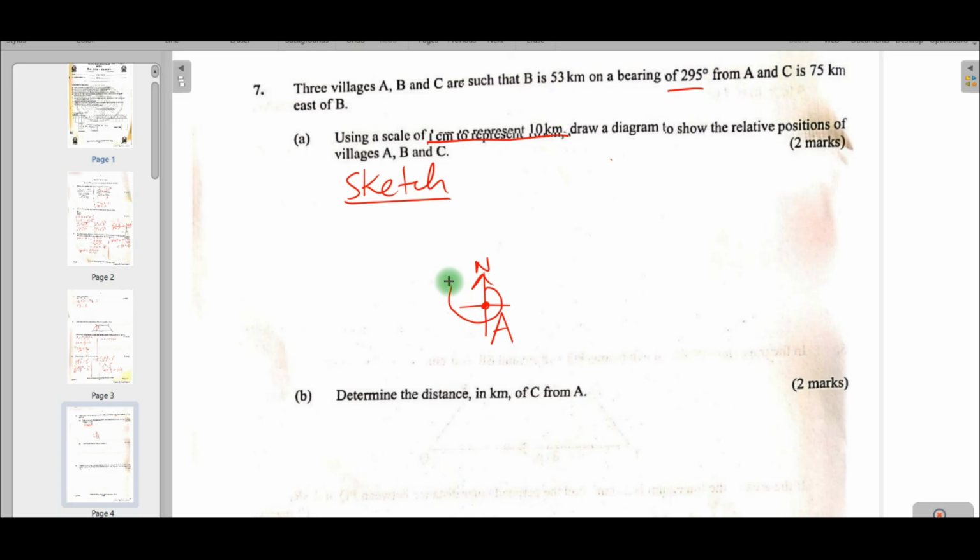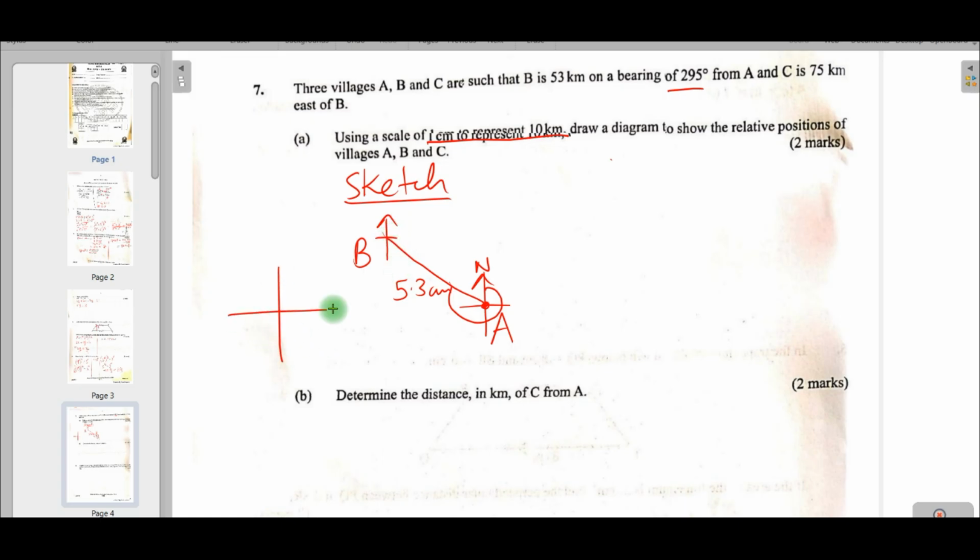We measure it in the clockwise direction from the true north, and then that means point B is somewhere there, which is 53 kilometers. So since we are using a scale of 1 centimeter to represent 10 kilometers, in scale drawing we shall use 5.3 centimeter. Then C is 75 kilometer east of B.